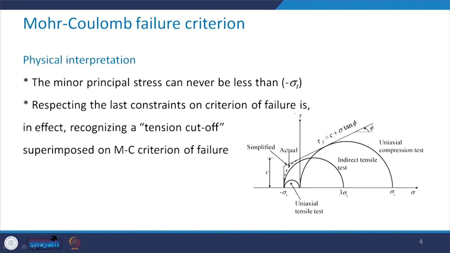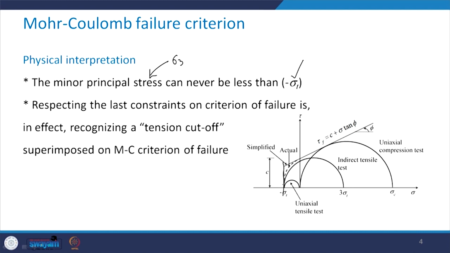The minor principal stress, sigma 3, can never be less than minus sigma t, and therefore we need to respect this last constraint on the failure criterion. In order to do this, we need to recognize a tension cutoff, which is given by this line, and this cutoff is superimposed on the Mohr-Coulomb criterion.